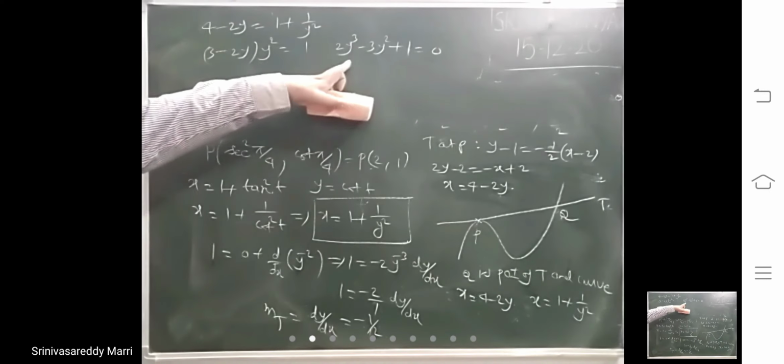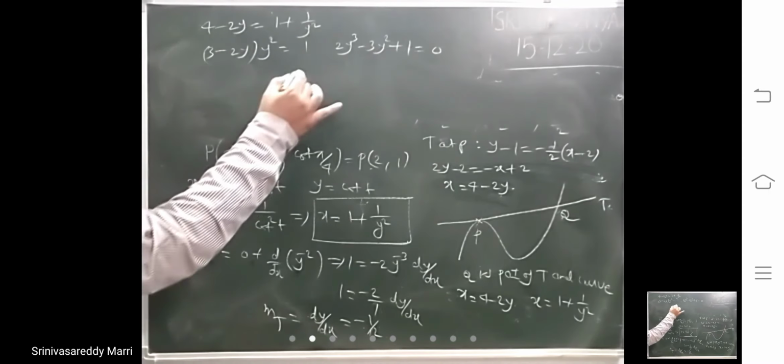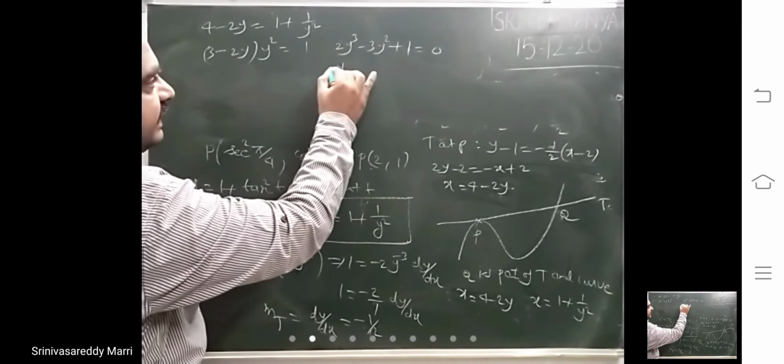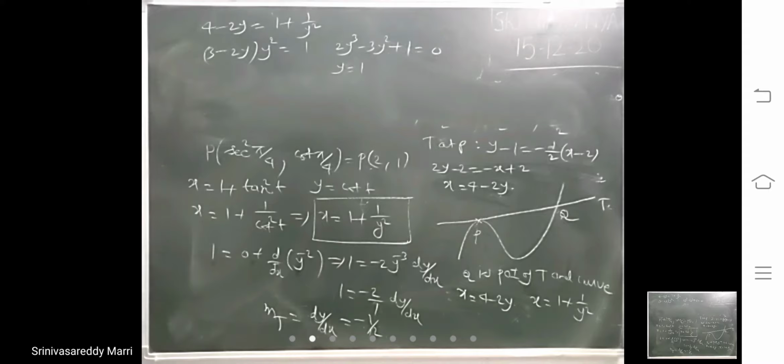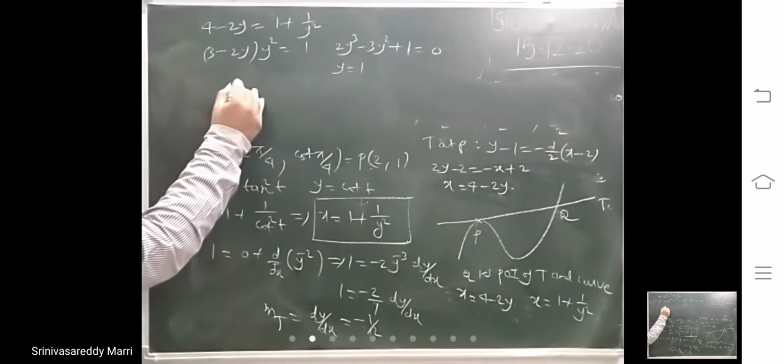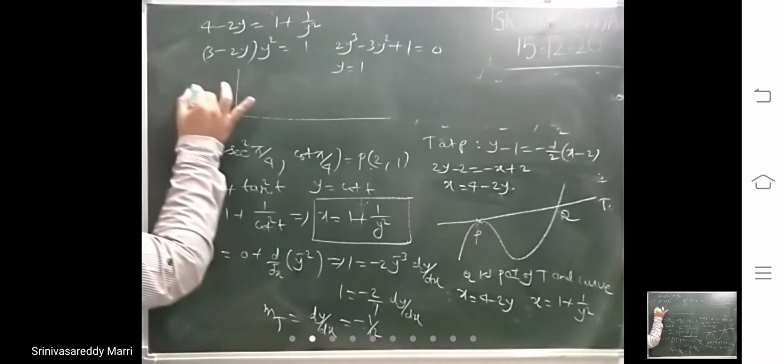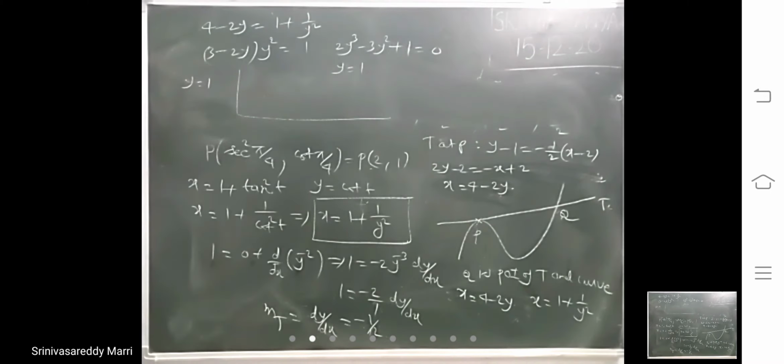You have to find roots. So by trial and error, we will find one root, y equal to 1. Then by synthetic division you have to do. y equal to 1 is one factor.